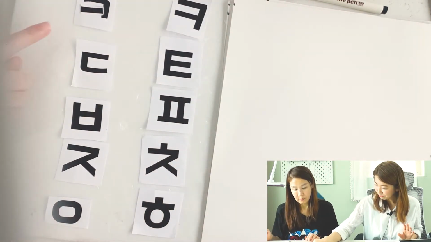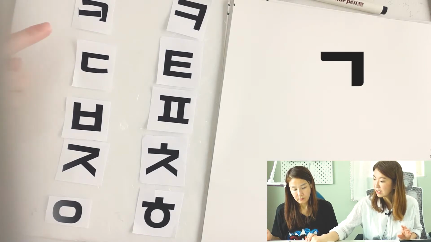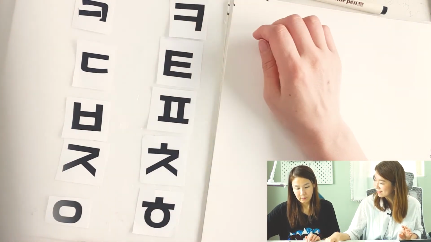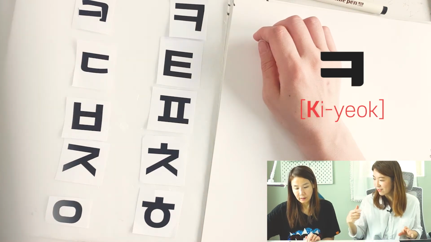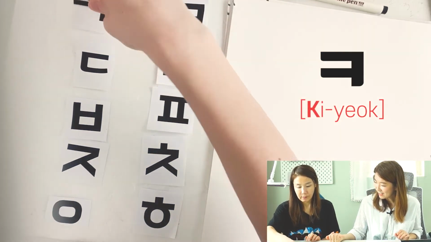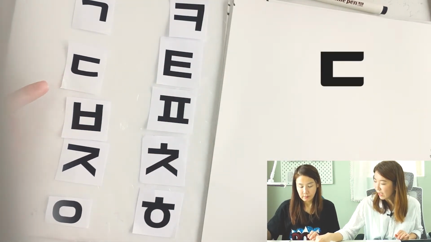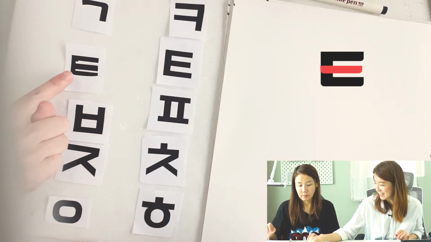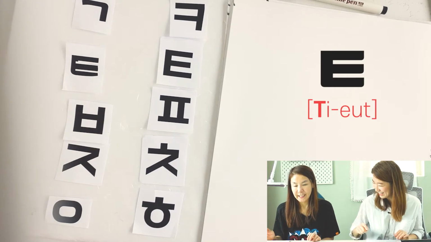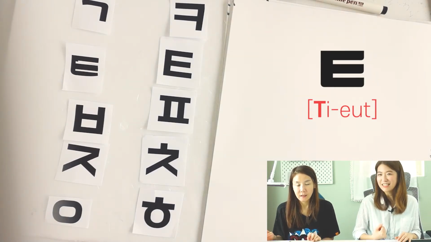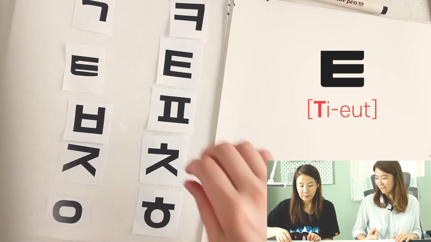So for example, when you add a line on 기역 like this, it becomes 키역, and it has a K sound in English. And for 티귿, if you add another line on 티귿 like this, it becomes 티읕, and it sounds like a T sound.